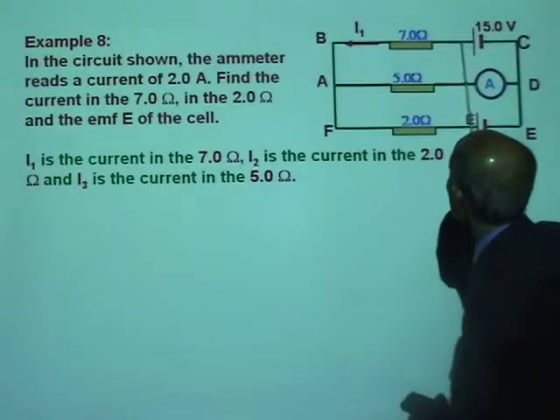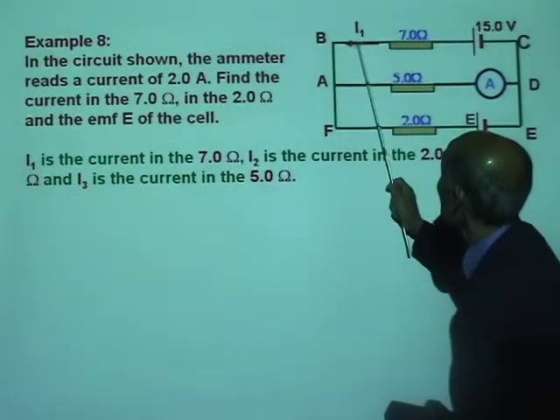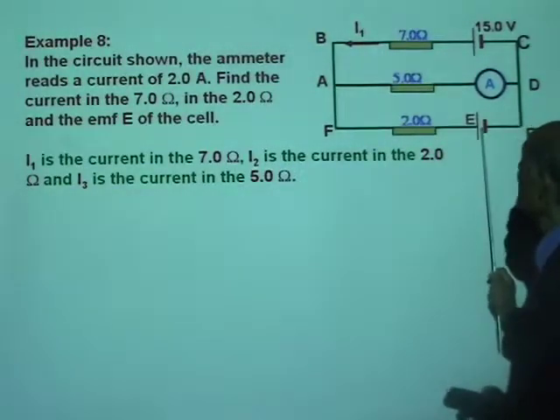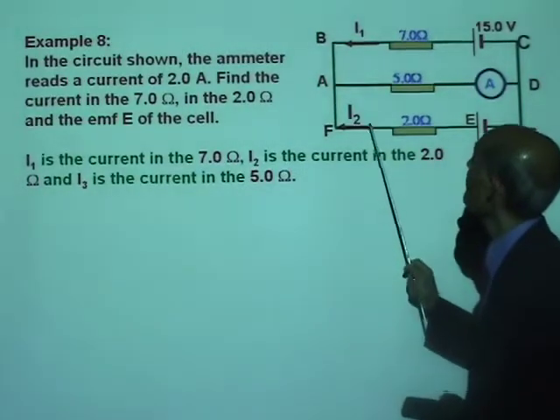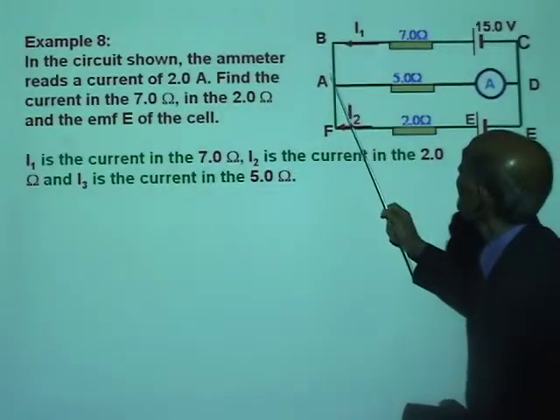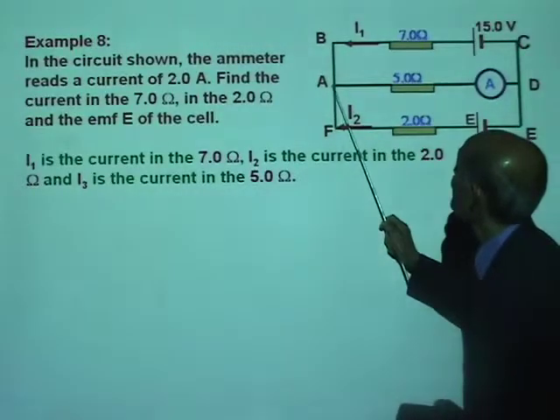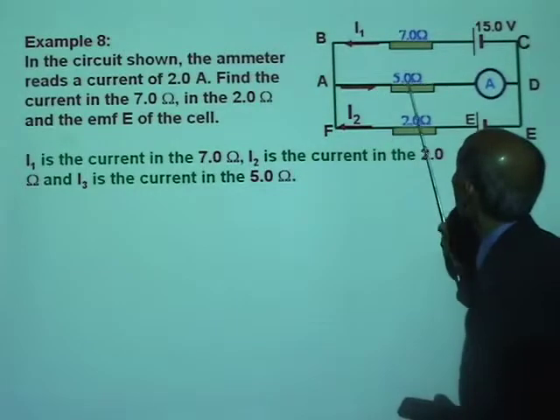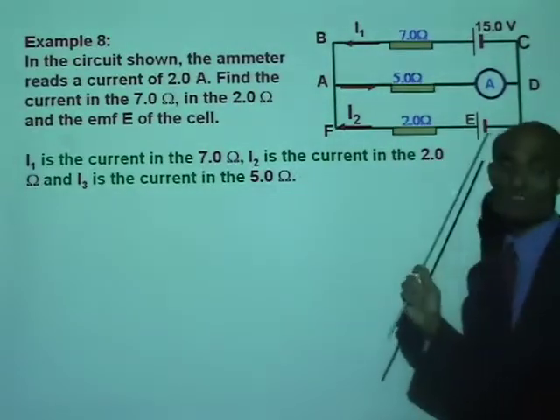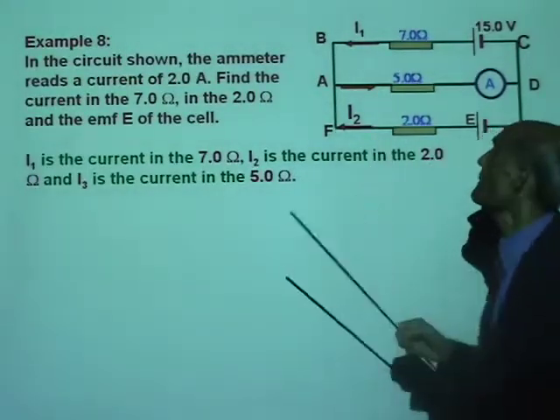This battery sends out a current I1 in the 7 ohm, and this battery sends out a current I2 in the 2 ohm. I1 and I2 meet at A and become I3, which goes through the 5 ohm. That's what we have chosen to do.